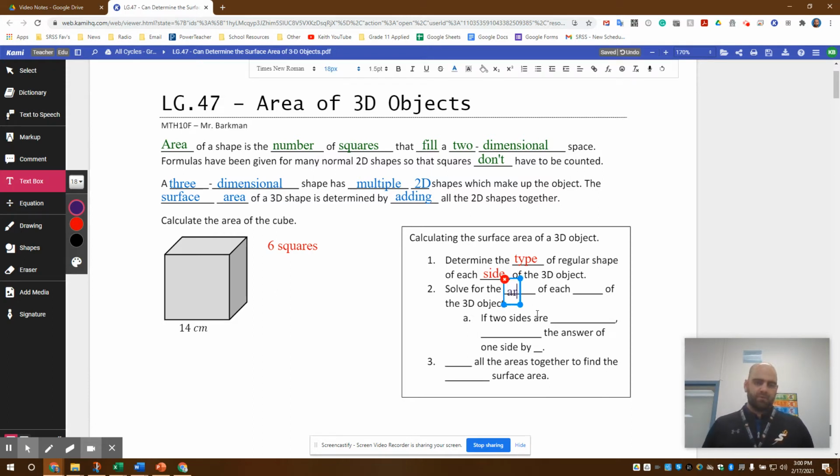The next thing that we do is we solve for the area of each side of the 3D object.